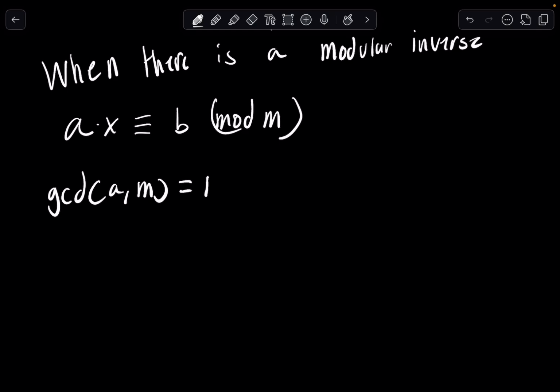If the GCD of A and M is greater than 1, then there is not a modular inverse. And you'll have to guess and check to find that value of x, which makes it a bit more difficult and tricky, but it doesn't necessarily mean that it cannot be done.